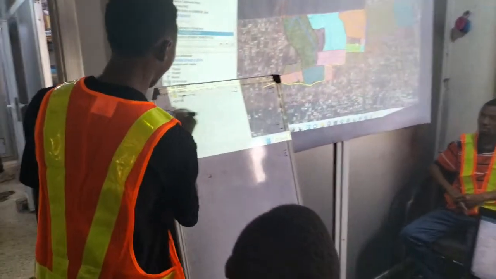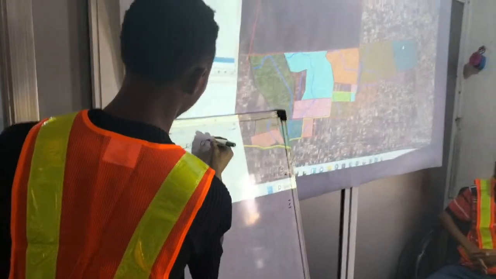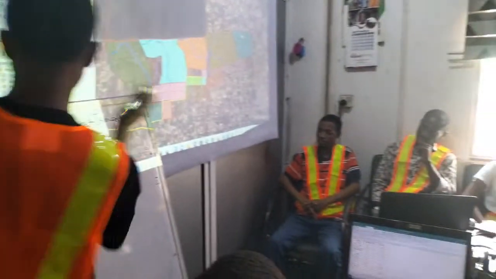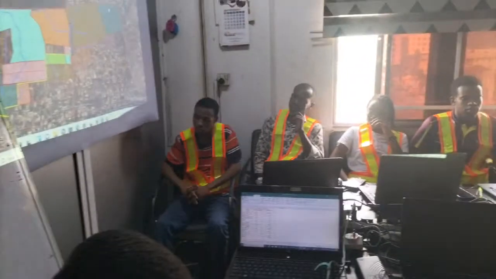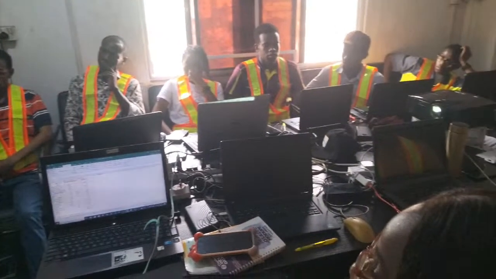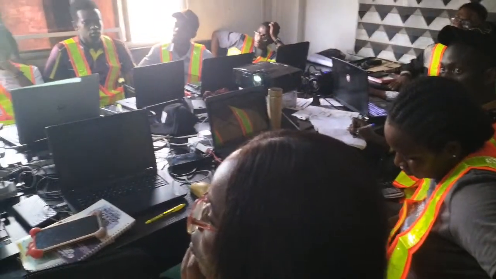Remember, S is slope of catchment, and our slope has a formula actually. Our formula for slope is what? The H max minus the H min all over the HL. The HL is the hydraulic length.